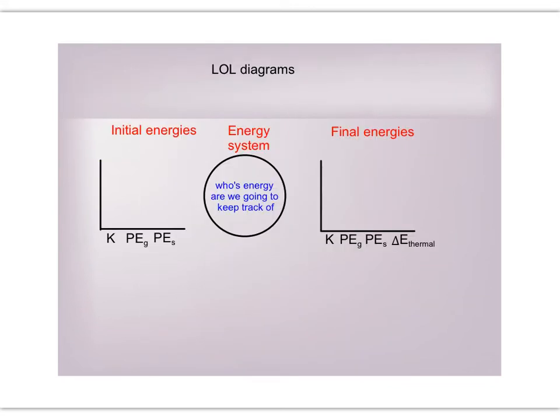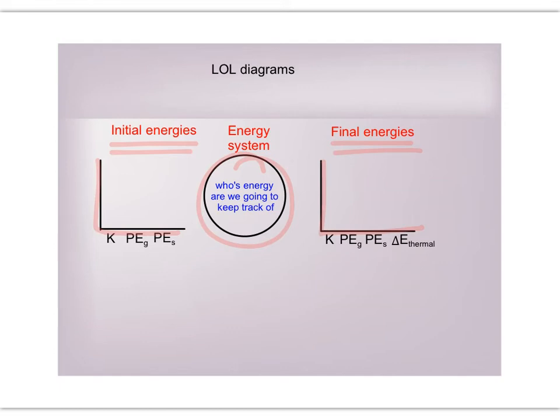A great way to help keep track of what's happening with the energy as we're going through some motion is something called an LOL diagram. And an LOL diagram, yes, you see it looks like LOL. What you do is you make a sort of chart of what are the initial energies involved, what are the final energies involved, and then what objects are you keeping track of as far as their energy is.